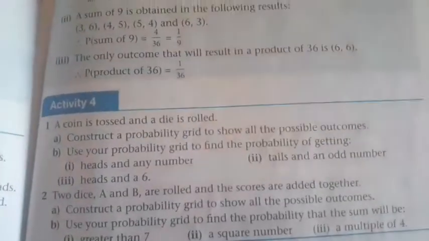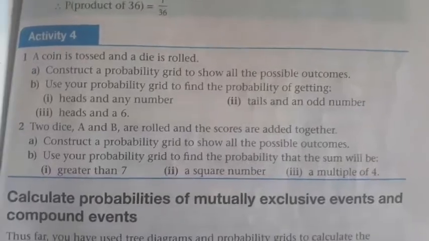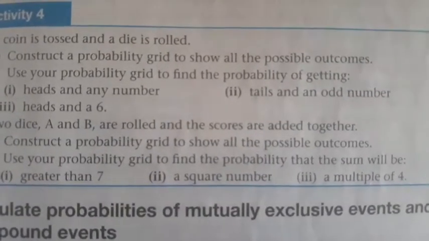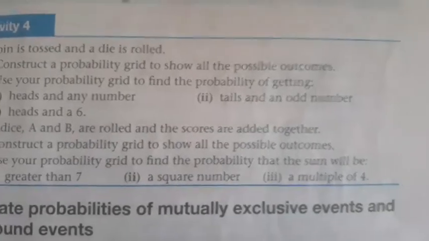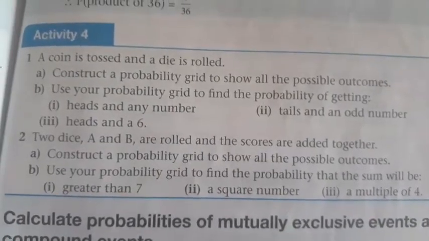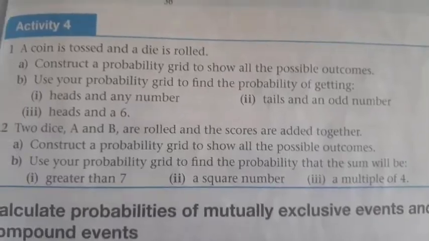Not those, ignore that part. I'm talking about this one where you need to do the tree diagram we have already done. Greater than 7, a square number is what I was talking about. A multiple of 4, numbers that 4 can go into. So there are 2 questions here. Make sure you do these 2.